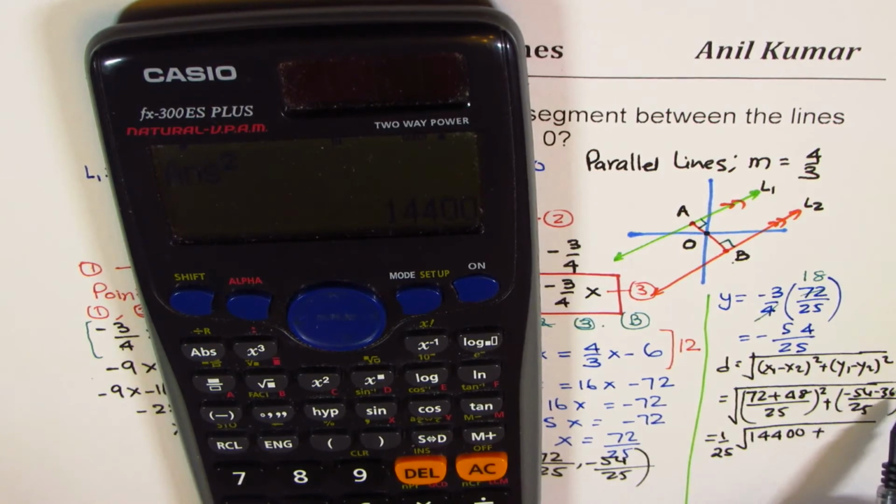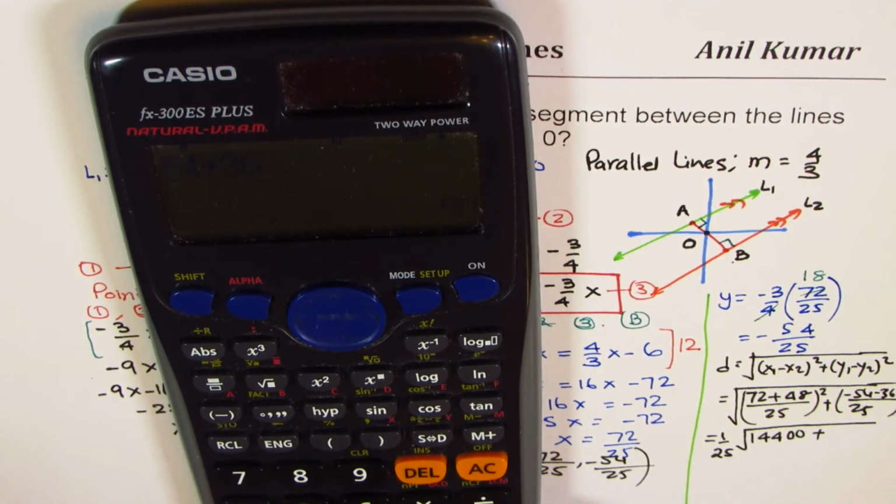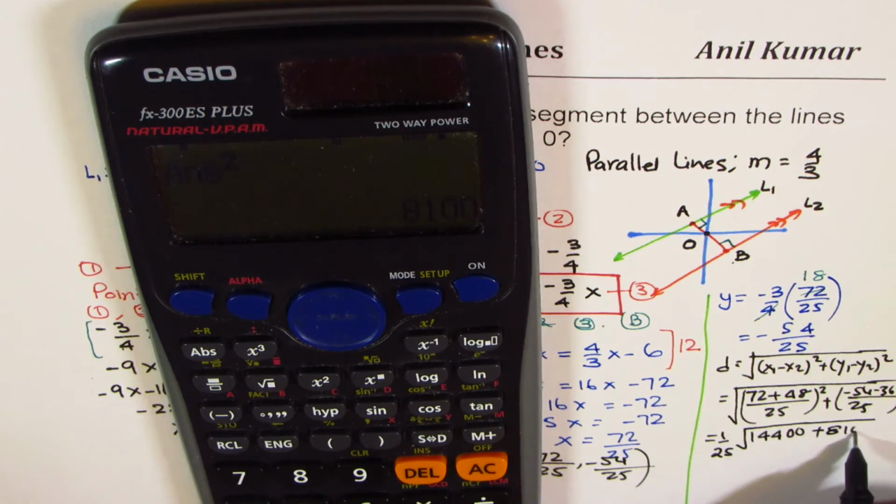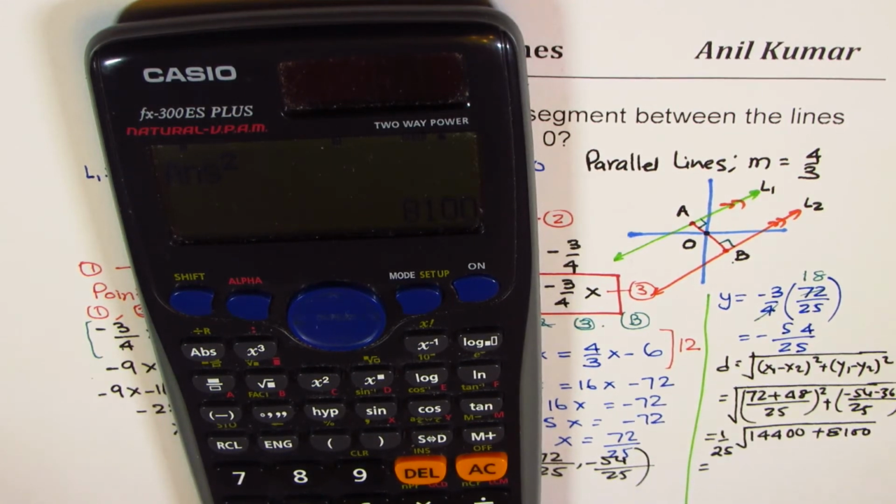When you square it becomes positive, right? So we have 54 plus 36, and the square of that is 8100. And let's calculate this answer. So let's add 8100 plus 14400, and take the square root of the answer.